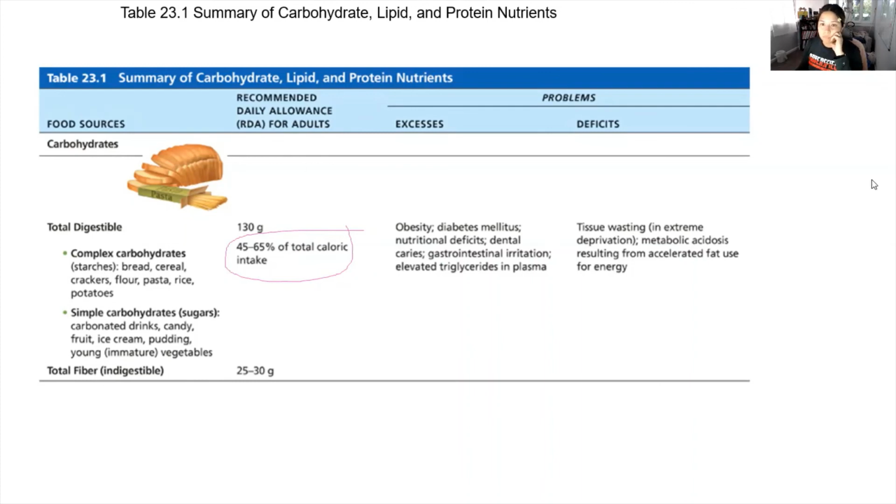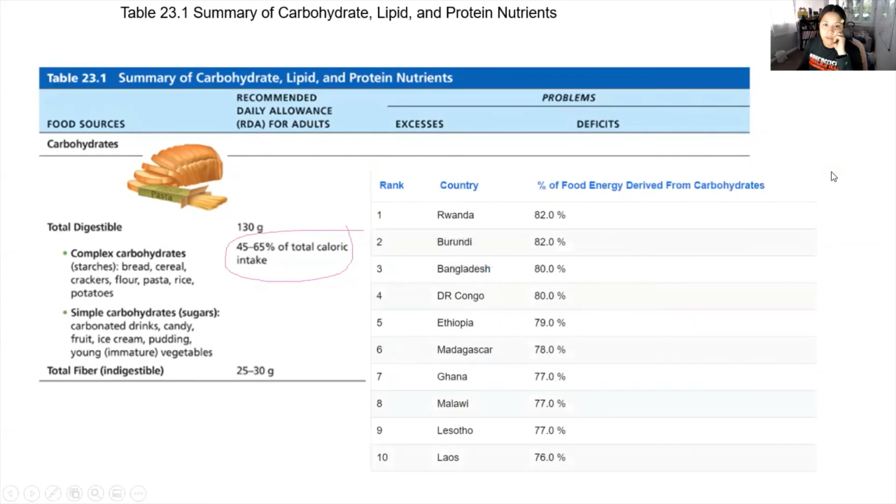So I did look up some stats on different countries. Rwanda is the highest in food derived from carbohydrates. 82% of their food comes from carbohydrates. Burundi, Bangladesh, Congo, and Ethiopia, all those, Madagascar, very close to 80%.